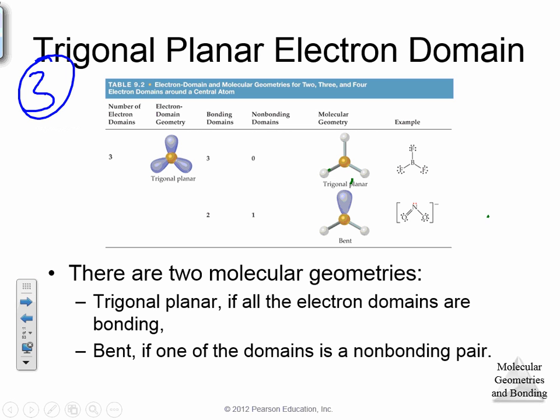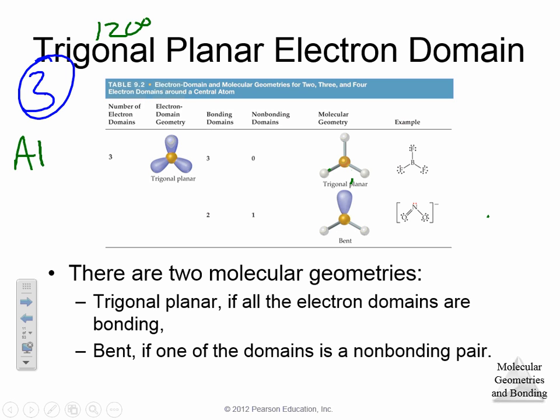Next up, if we look at trigonal planar, trigonal planar has three domains. With trigonal planar, the bond angles are 120 degrees. And there are two possible geometries for something with three domains.